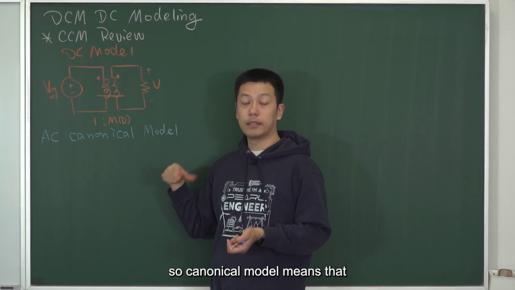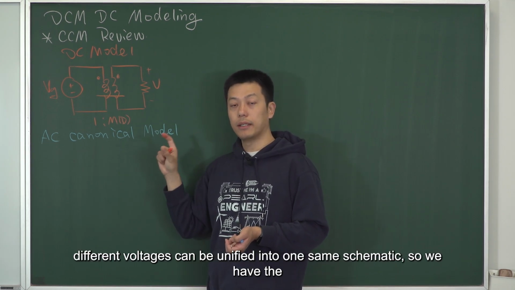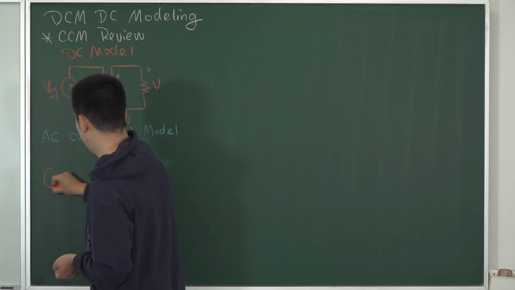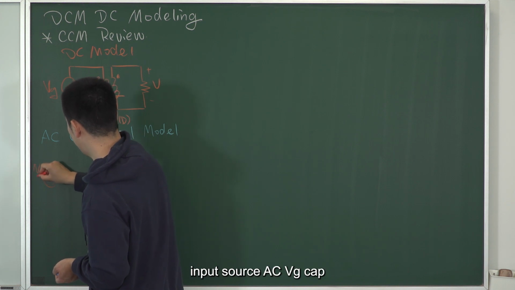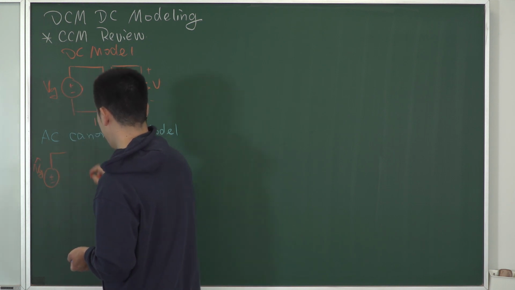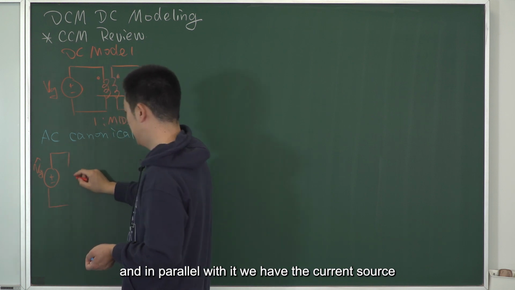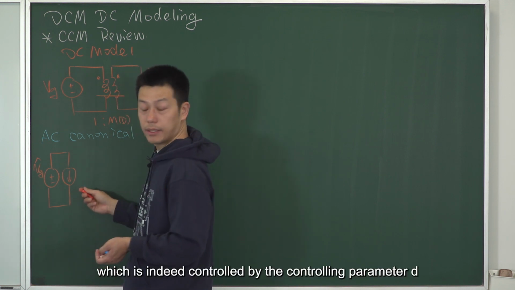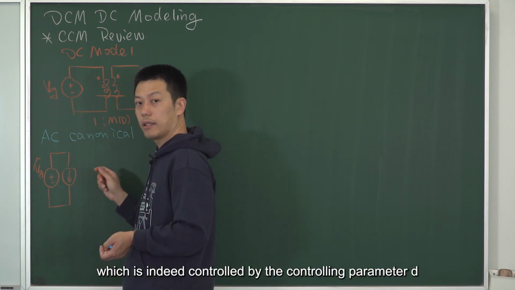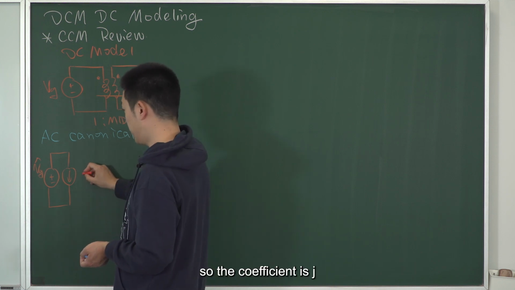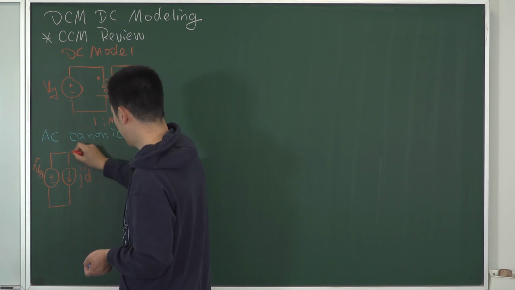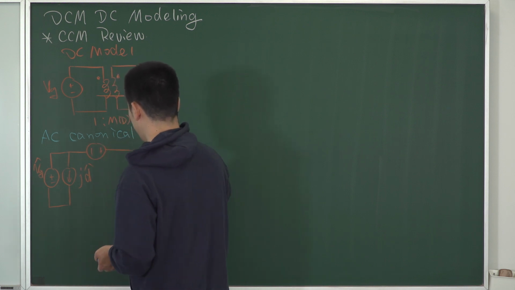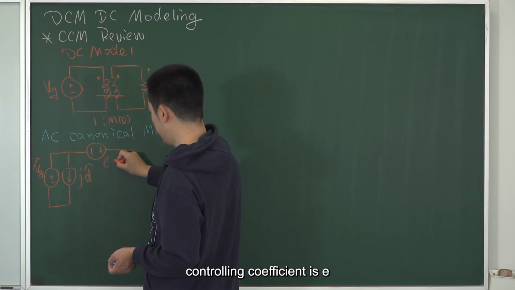Canonical model means that different topologies can be unified into one same schematic. So we have the input source, AC, VG cap. And in parallel with it, we have the current source, which is controlled by the controlling parameter D. So the coefficient is J. And here we have another voltage source. The controlling coefficient is E.